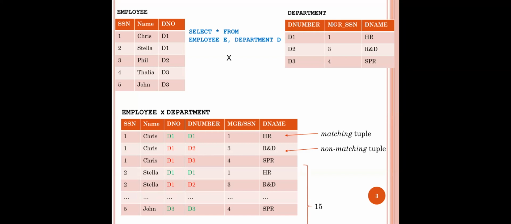So we generate 15 concatenated tuples, and only some of them are the matching tuples. So we are creating a fraction out of the whole Cartesian space. We define the Cartesian cardinality as the product of the cardinalities of the two relations. In that case, we are generating 15 concatenated tuples because the relation employee has 5 tuples and the relation department 3 tuples.